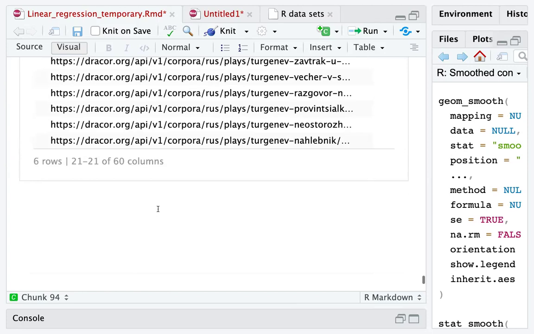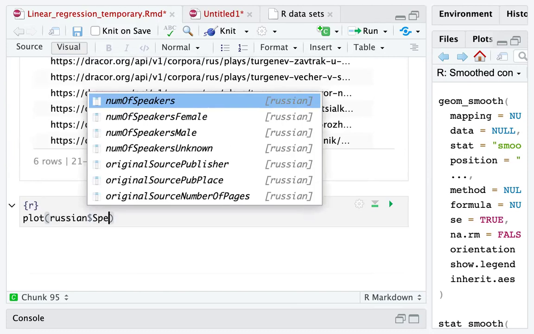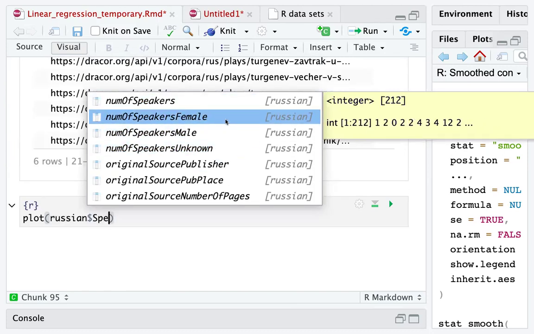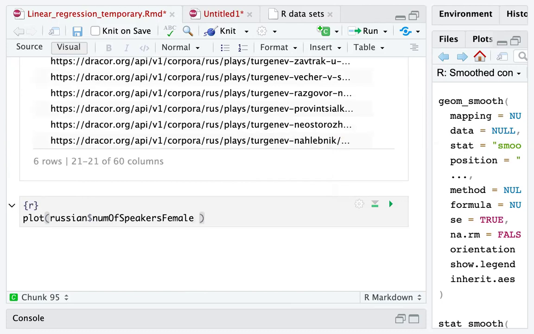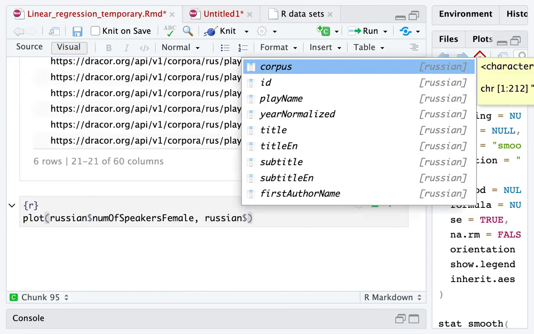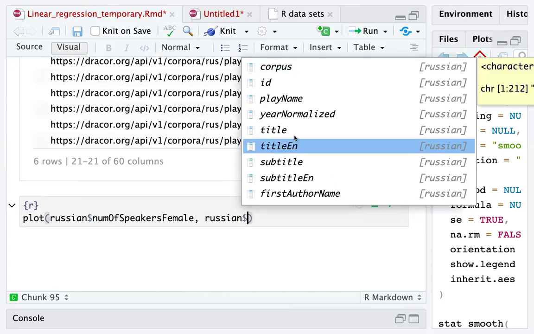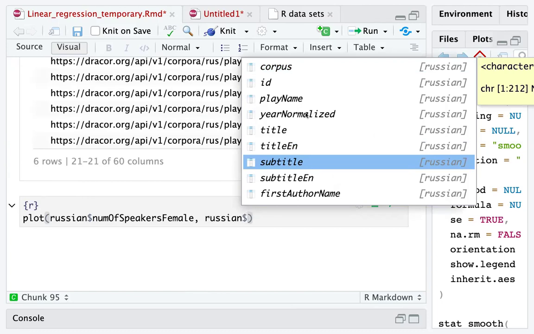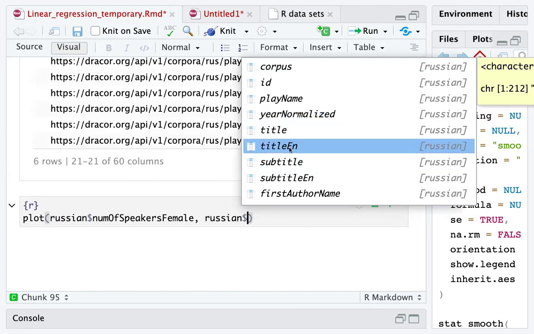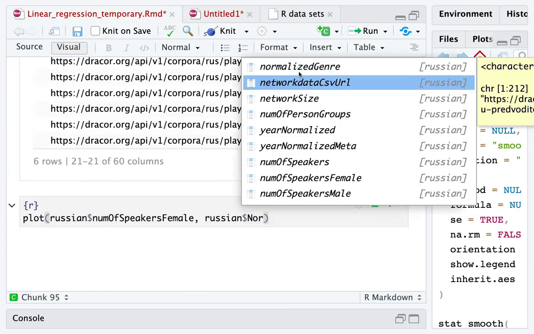So let's try to do that. I don't know what it will give. Let's plot. So Russian, number of speakers female, and the comedy. Ah, yes, I need to remove the NA numbers, but let's for a moment forget about it. The normalized gender.